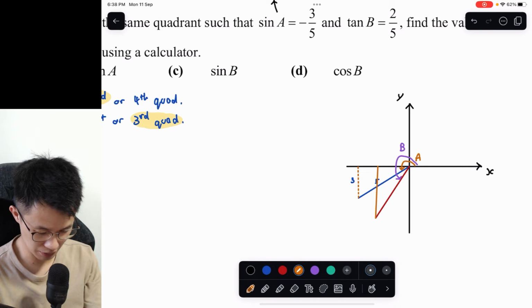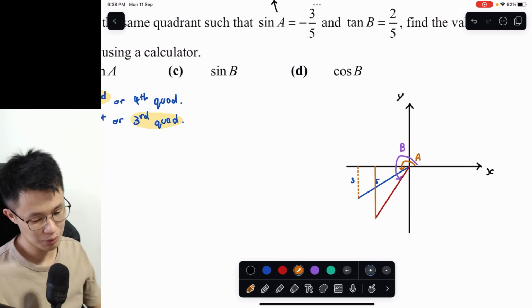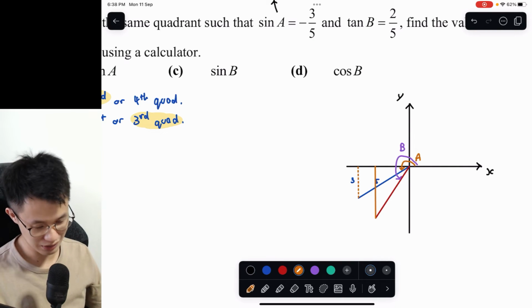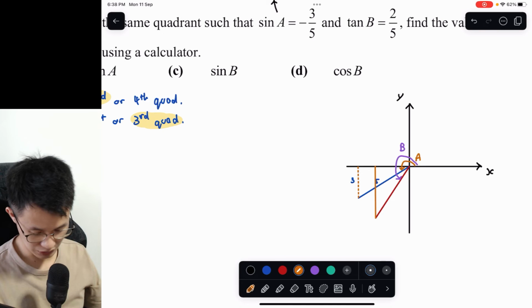Because tangent is the opposite over the adjacent. The opposite is 2 units, and 2 units should be smaller than 3 units. And the adjacent is 5 units, which should be much longer than that. So I would say I have drawn something wrongly, definitely.